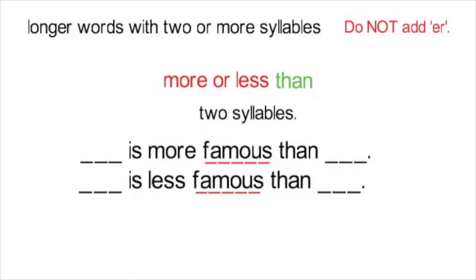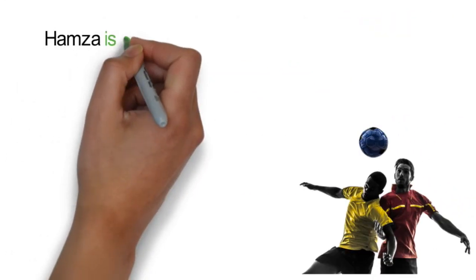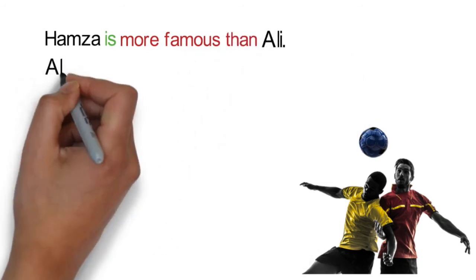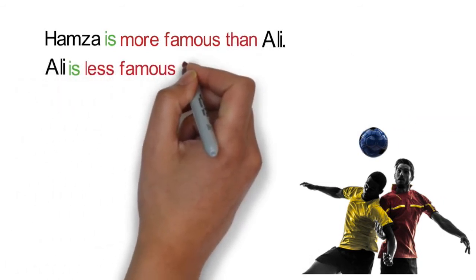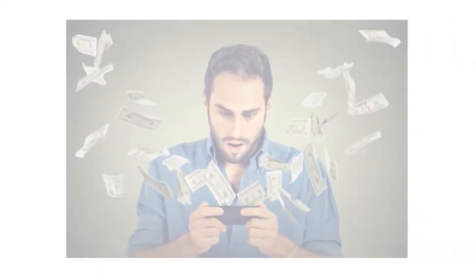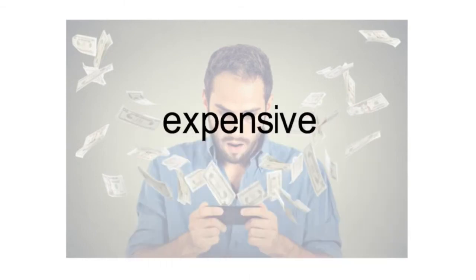Remember, we use comparative adjectives to compare 2 things. So we can say Hamza is more famous than Ali. And Ali is less famous than Hamza. How about expensive? Can we change this to expensiver? No, we can't.